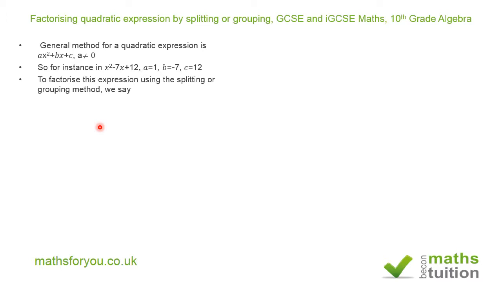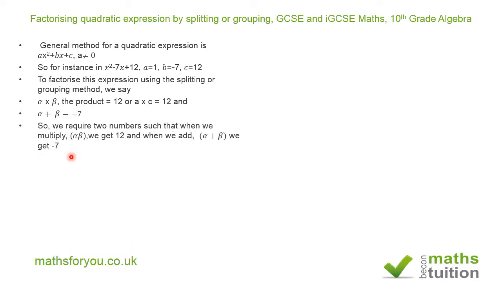When I multiply the coefficient of x squared and the constant term, I get a product of 12. Now I'm looking for two numbers such that when I multiply, I get 12, and when I add, I get minus 7.